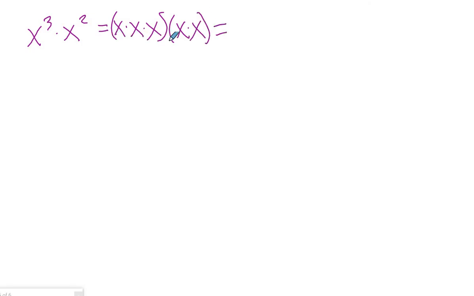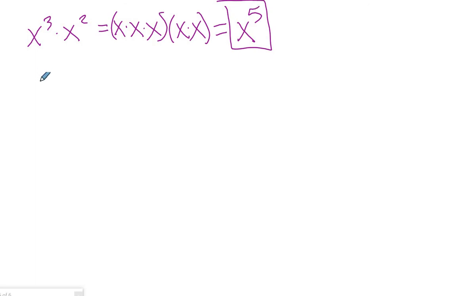Now in total, when I count these up, that is 5 factors of x. And so I can condense that into x to the 5th. Now try to look at these exponents, 3 and 2. And if you haven't figured out the pattern, think about how 3 and 2 could be related to 5.